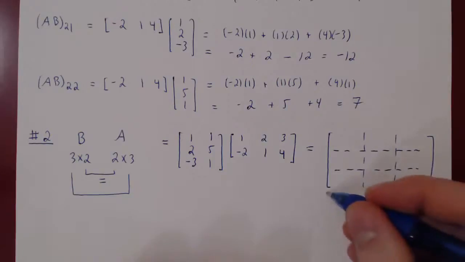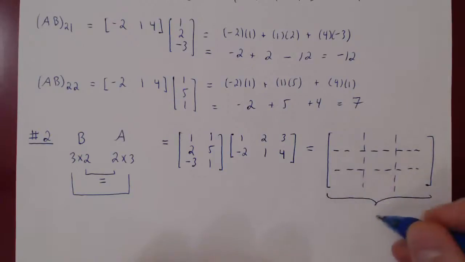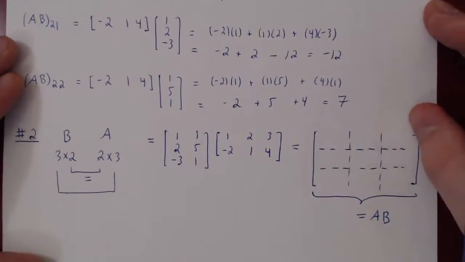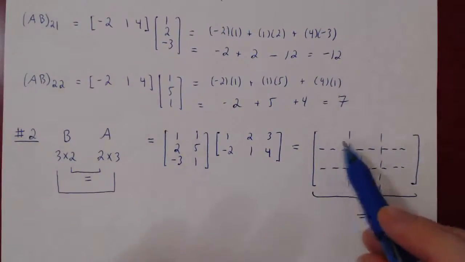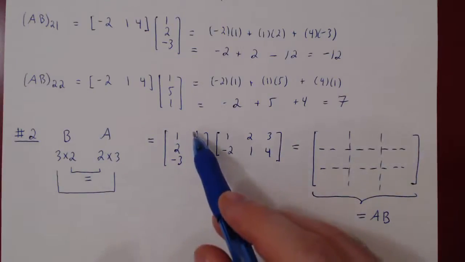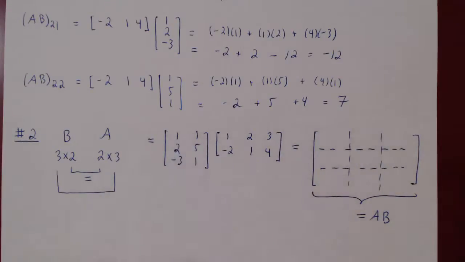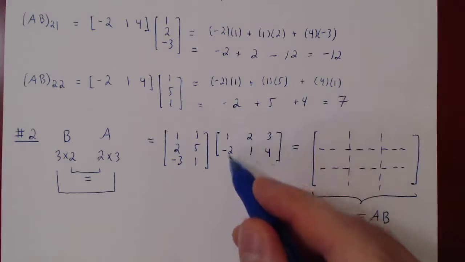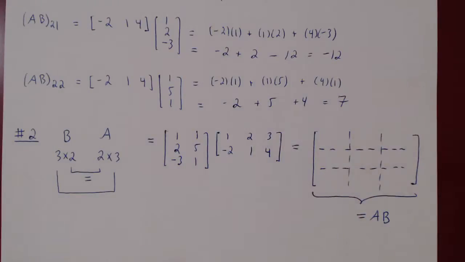And we will construct the matrix BA, as we have said before, one row at a time. Okay, so let's construct the first row by fixing the first row of B and going through each column of A one at a time.